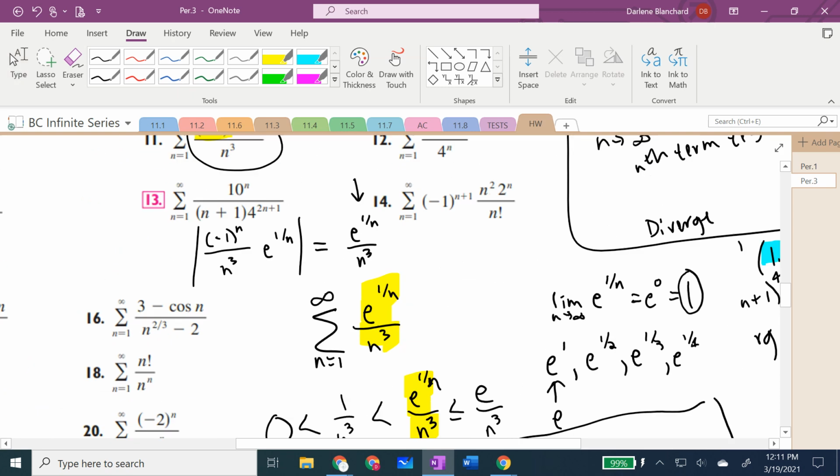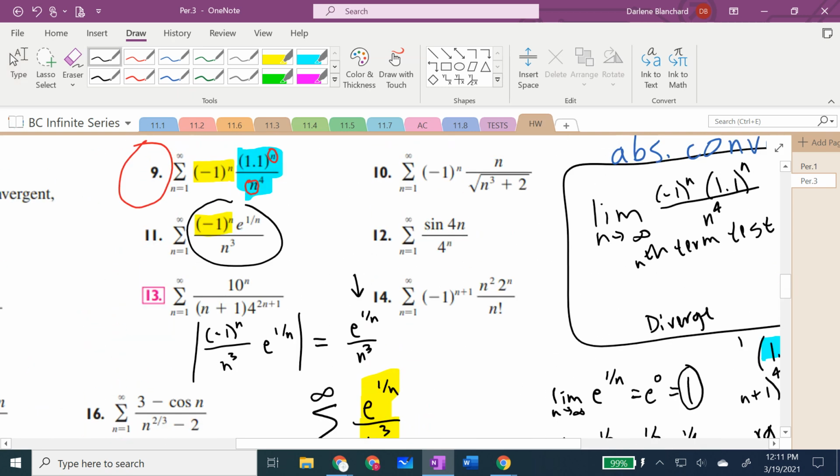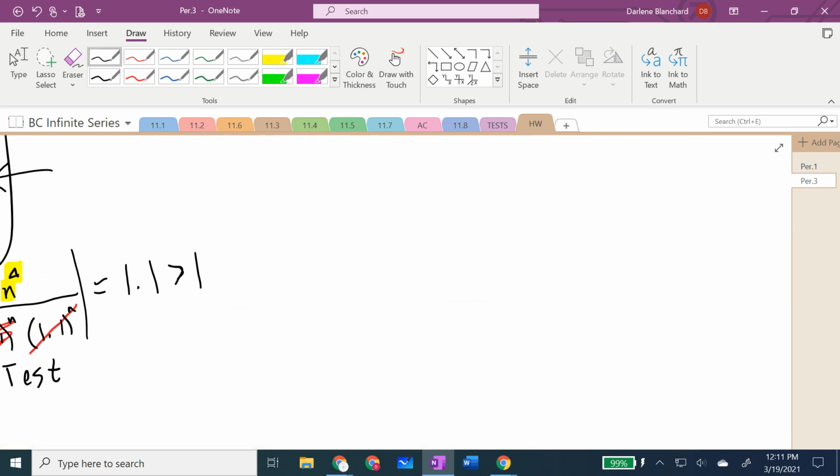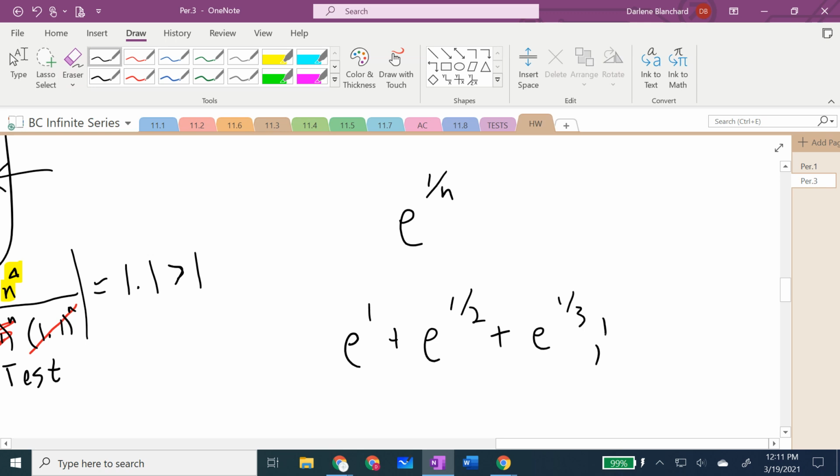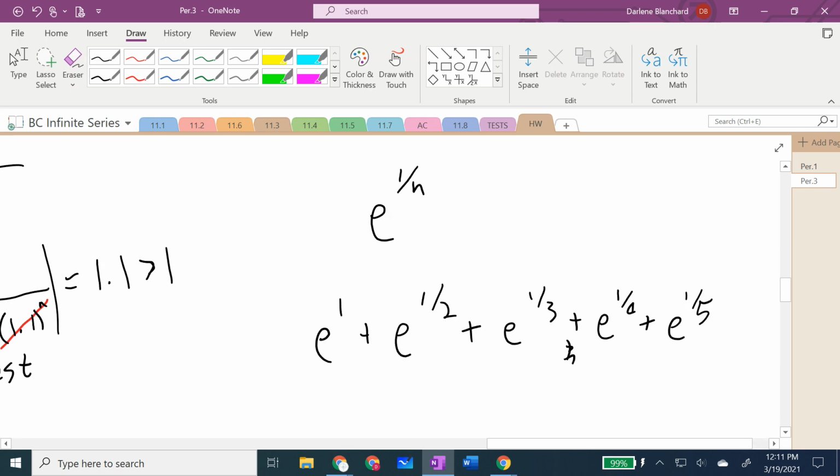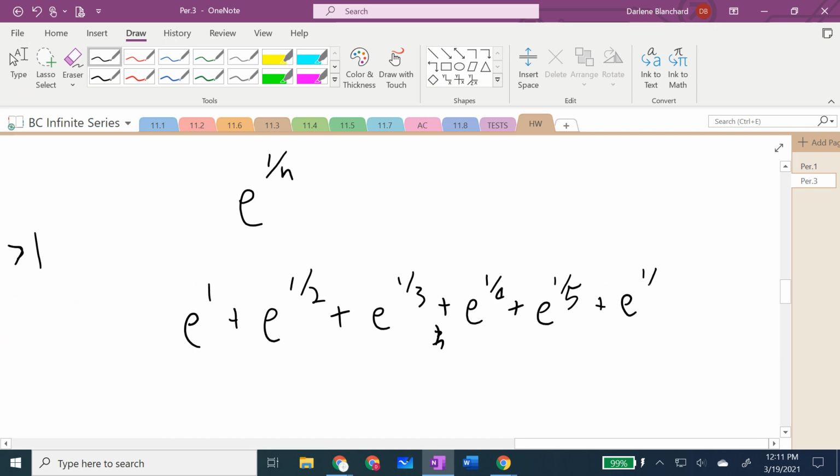So when I look at this, this is e to the 1 over n right here. I'm going to move over here and just write down e to the 1 over n. When I plug in n equals 1, it is a series. Then I plug in 2, plug in 3. If you write several of these out, you might see it a little bit better.